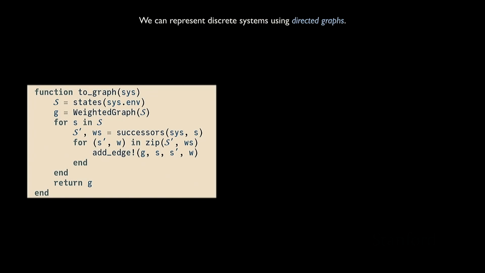So here's the code that we have in the book. The first line here, we just grab all of the states. Because it's a discrete system, we can just enumerate the states. So in this case, the states are S1 and S2. We create a graph with these states. And then we just go through each state, and we have this successors function, which tells us all of the possible next states and the probability of transitioning to them.